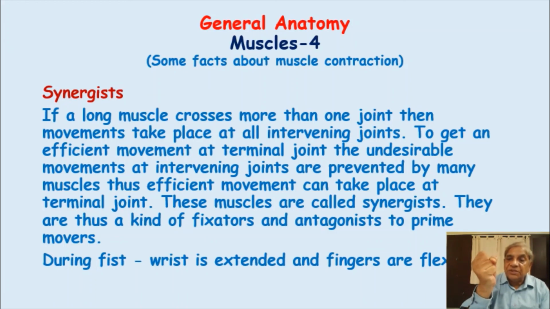The opposite muscles, that means the extensor muscles, are now contracted, so they are producing extension at the wrist joint, but all the other joints, the metacarpophalangeal and the interphalangeal joints of the fingers, have gone into flexion. These are two different kinds of movements. Though there should have been flexion of the wrist joint also, instead there is extension. Why is this so?